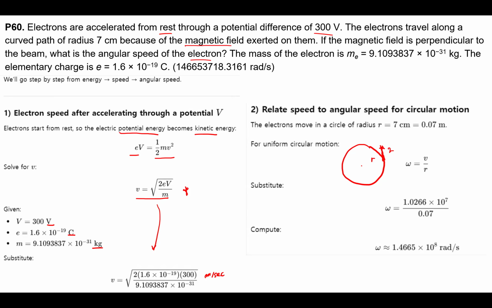This is V, and this is omega. Omega is V over R. Then we know what V is, and we know what the radius is, and then we can find out omega. Note that this is in radians per second. Okay.